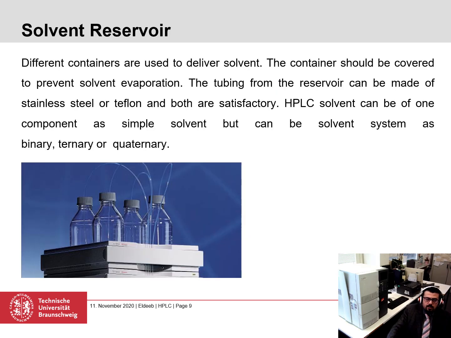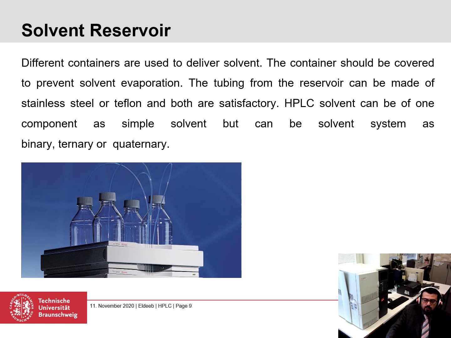So first about the solvent reservoir or solvent container. Different containers are used to deliver the solvent. The best material from which the containers are made is glass. Plastic containers are not recommended as they lead to plasticizer leaching. The container should be covered to prevent solvent evaporation.